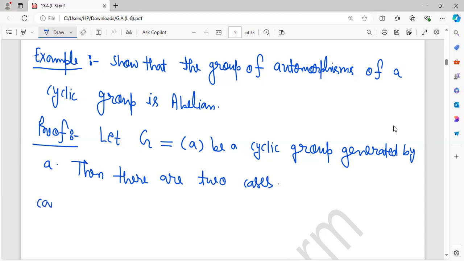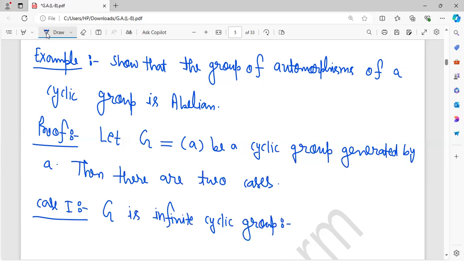Case one: G is an infinite cyclic group.